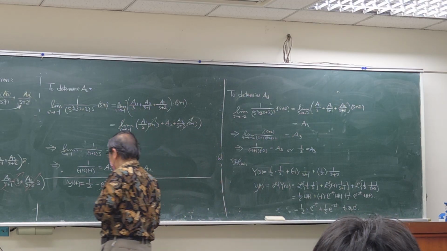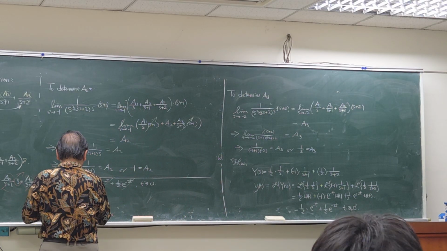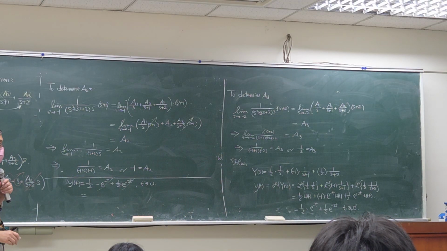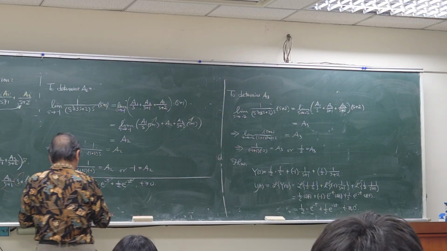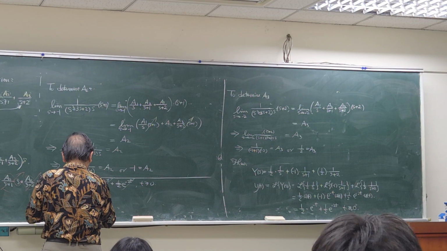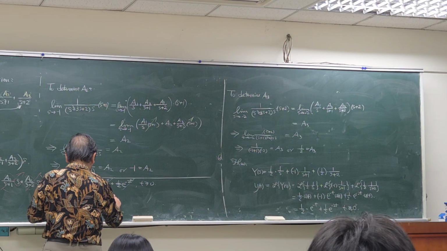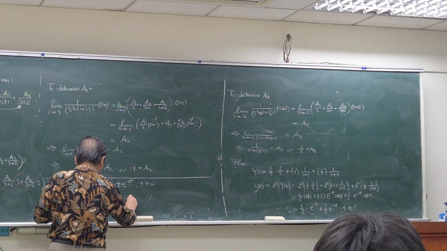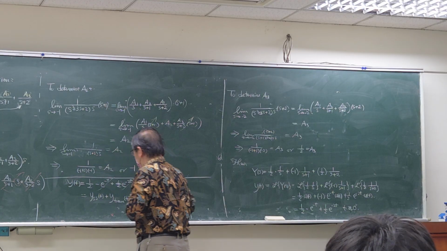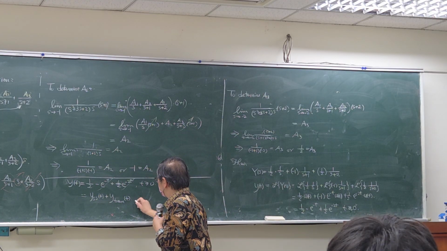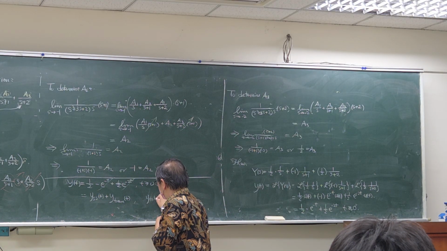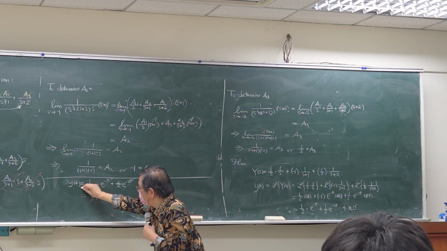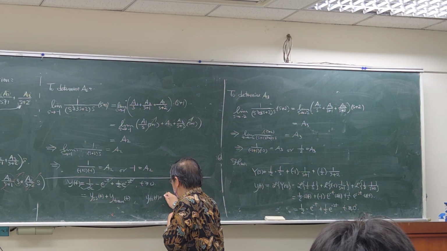So we can divide the output of this system into two parts. One is the steady state. The other one is the transient. The steady state is the unit step, 1/2.